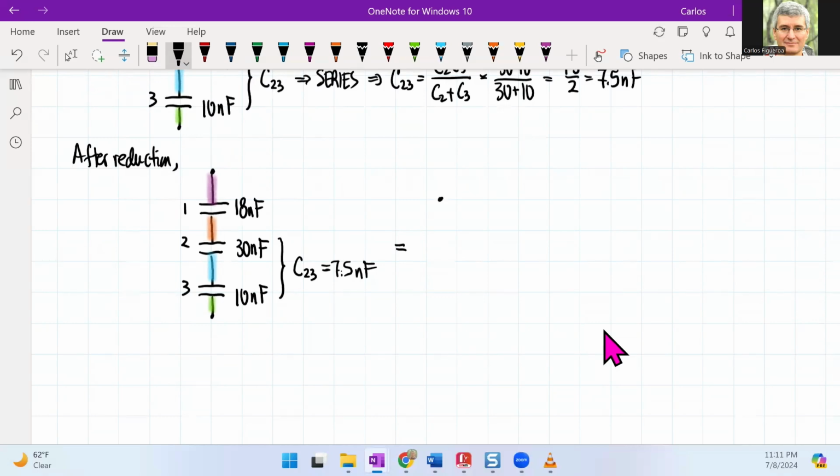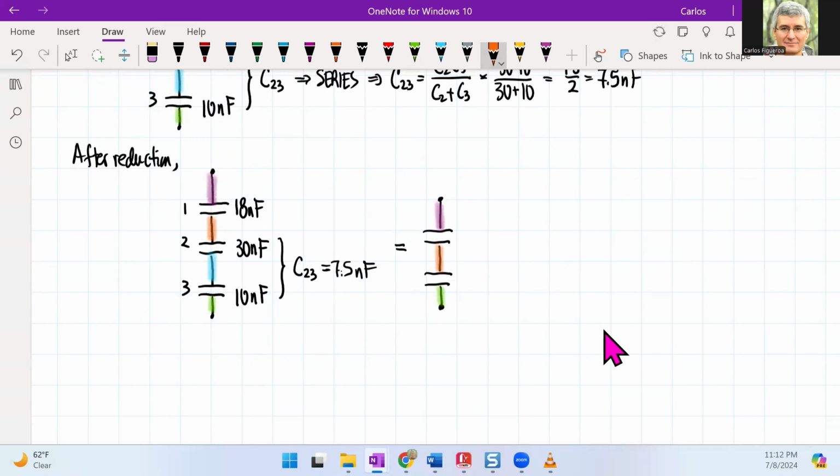I have this capacitor, and I have this capacitor, and I could see here that I have my purple here, I have my green here, so the only color that's left is the orange. The blue is gone.